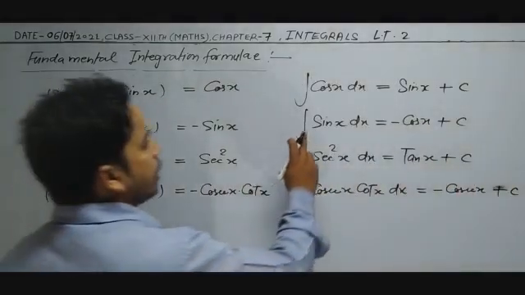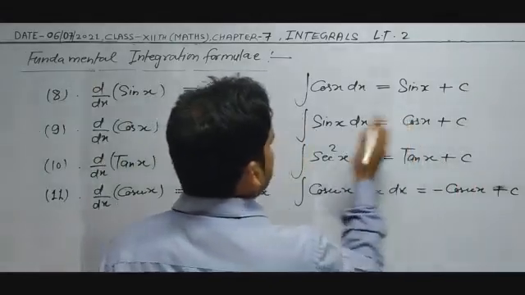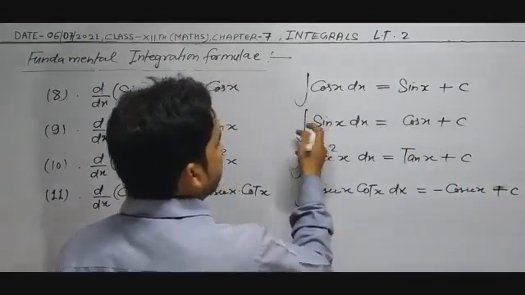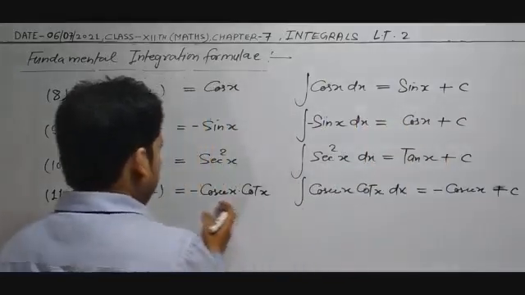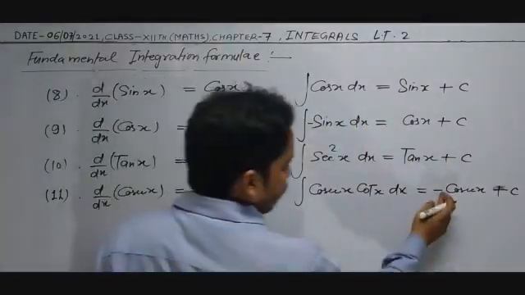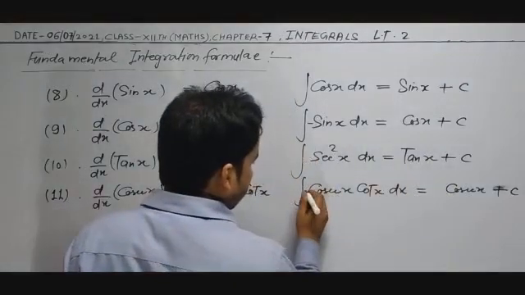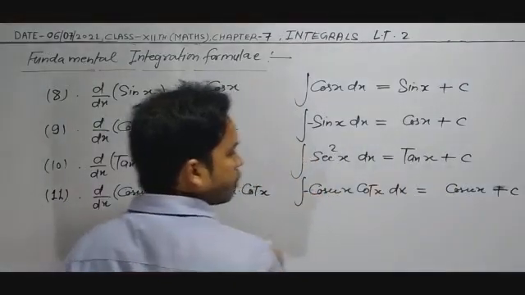And you can write the minus sign here also. So integration of minus sin x will be cos x, and the same process here. This will be negative on the left.